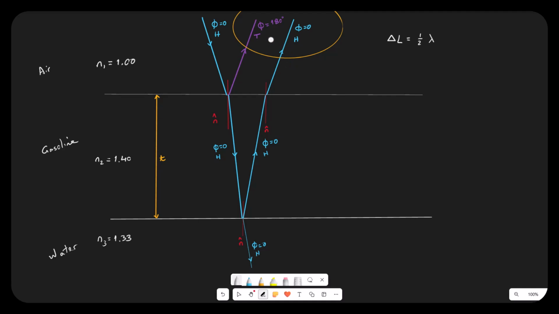These will be back in phase and we get constructive interference. If it's equal to 1.5 wavelengths, we get the same. 2.5 wavelengths, we get the same. So what we want this to be is j plus a half wavelengths, where j is just any whole number.